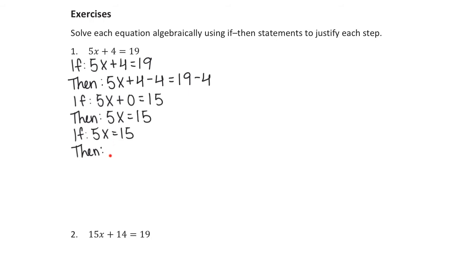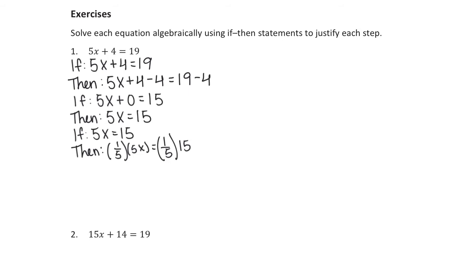The inverse of 5 in this case is going to be 1/5. So I have 1/5 times 5x equals, what I do to one side here, I have to do the other, 1/5 times 15.